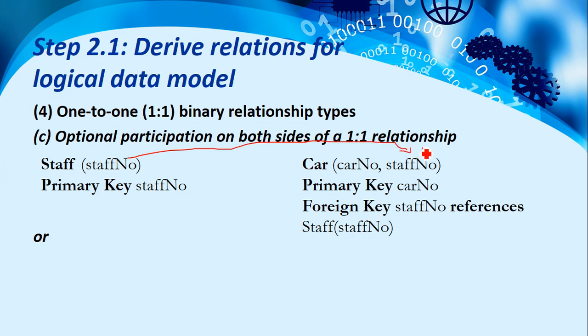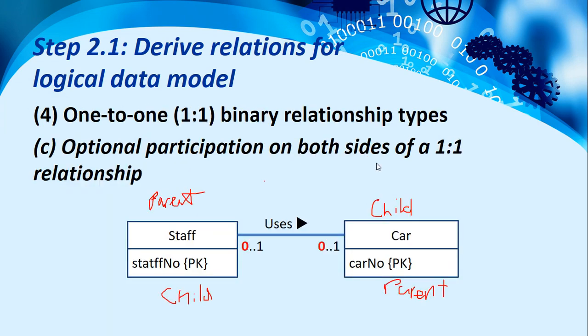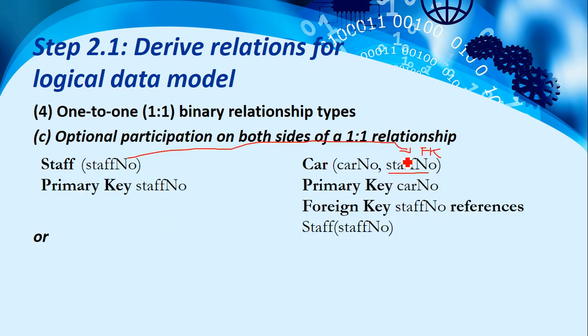So, automatic, this staff number right here, in which wala to siya originally sa entity natin dito, is a foreign key from the staff number. Kasi child yung car natin dito. Child entity siya, yung car natin.